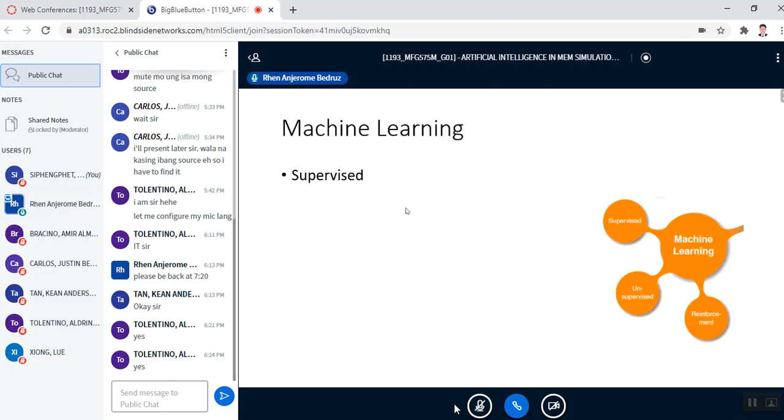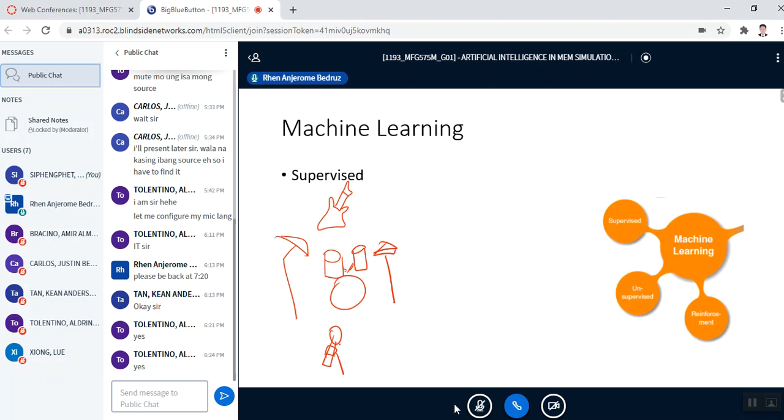When we say supervised machine learning, or in short, supervised learning, for example, I have a picture of a guitar, a picture of a drum set, and a picture of, let's say, a microphone.